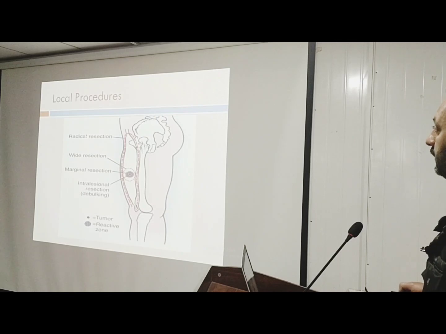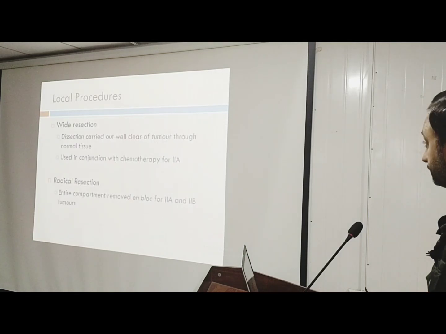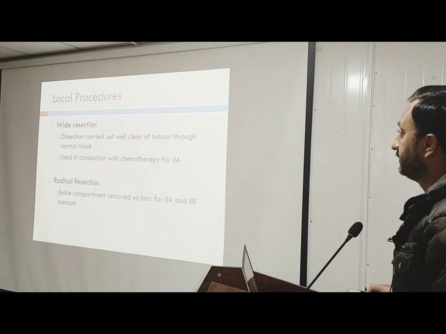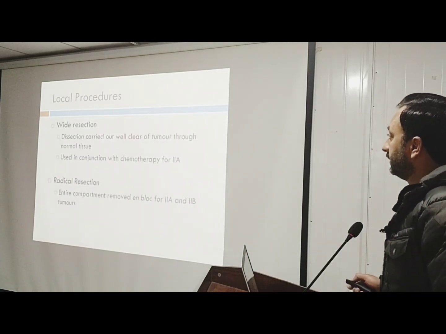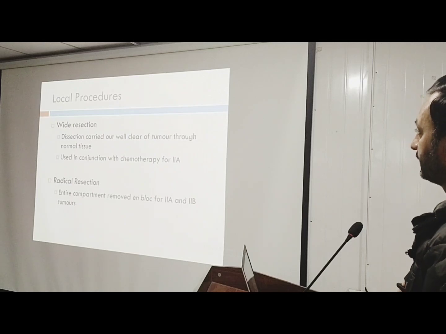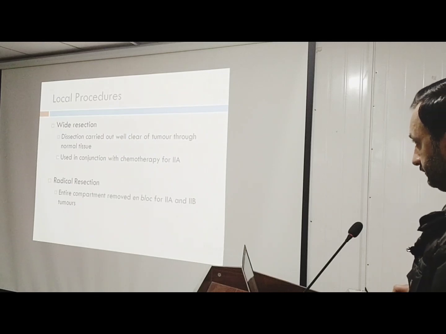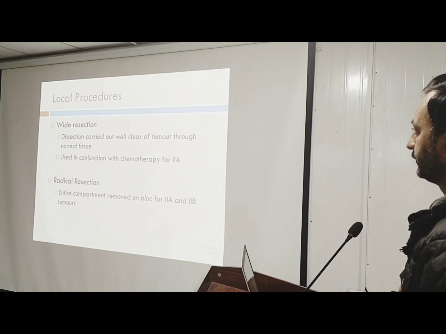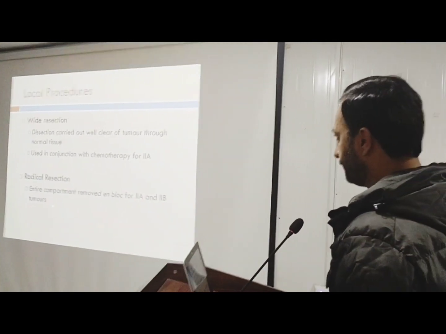It could be radical resections, wide resections, marginal resections, and debulking for huge tumors. For wide resections, dissection is carried out clear of the tumor through normal tissue, with chemotherapy for stage 2A, and radical en bloc resection for 2A and 2B tumors.